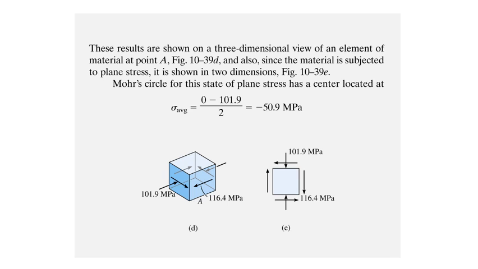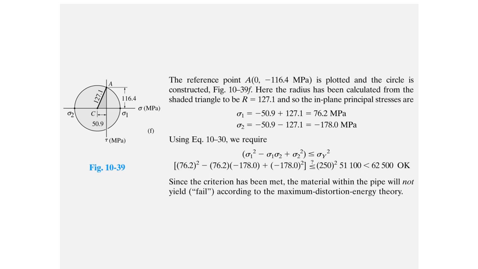If we do an analysis on this stress element, we'll find that the average normal stress will be minus 50.9. We can then use the values for sigma y and tau xy to plot the Mohr circle. We find the location of C from sigma average and the point A from sigma y and tau xy, which is negative.